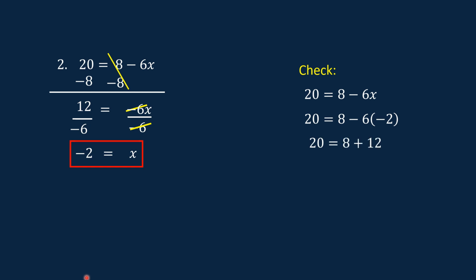This is now equal to 20 is equal to 8 plus 12. 8 plus 12 is 20. So 20 is equal to 20. This is a true numerical statement. This means the value of x is really equal to negative 2.